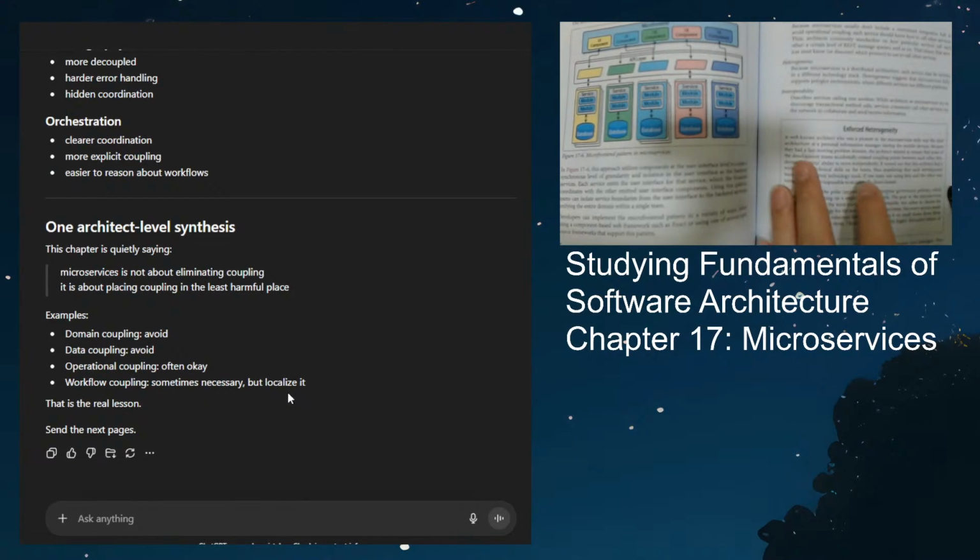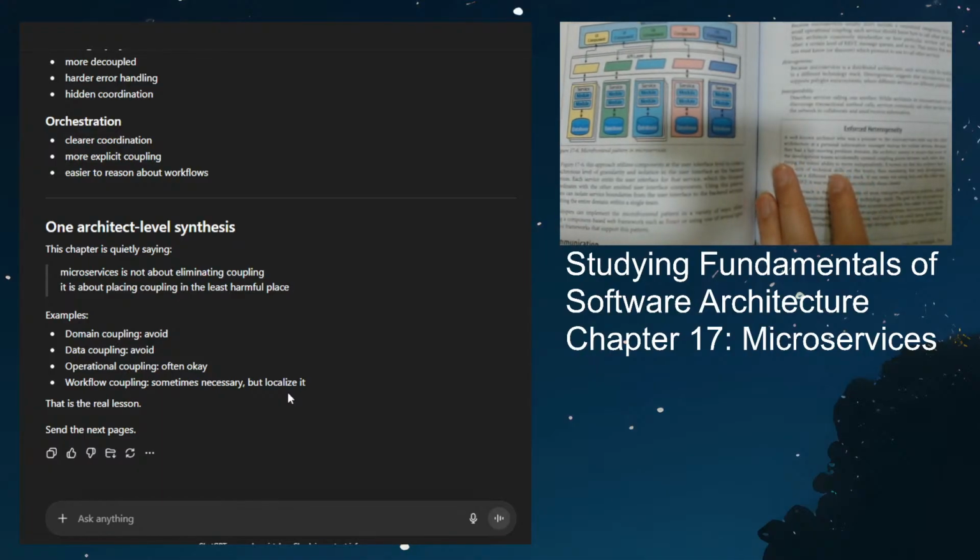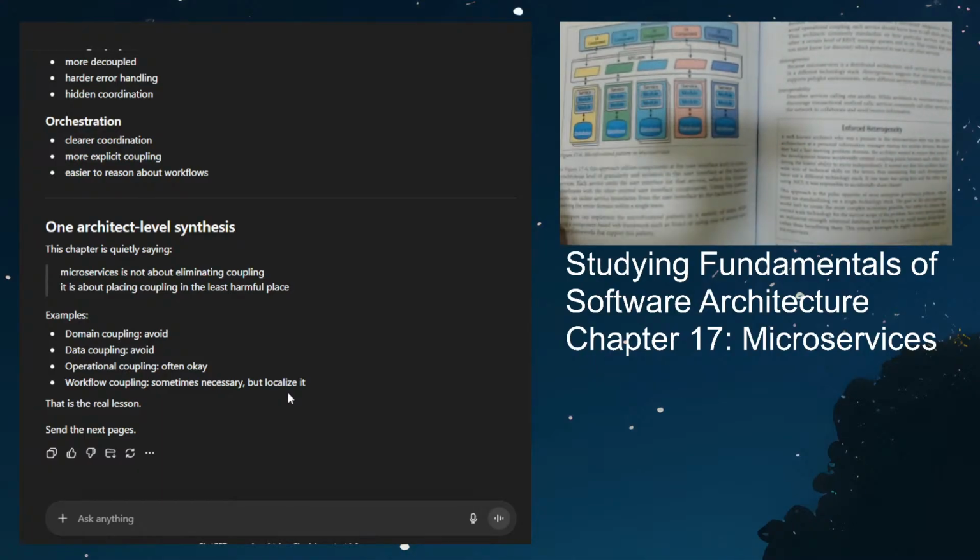Send the next pages. So, the last remaining pages is here.